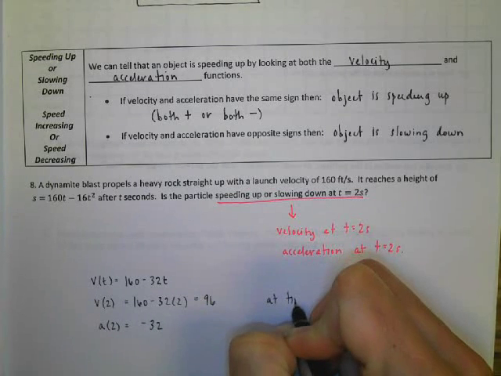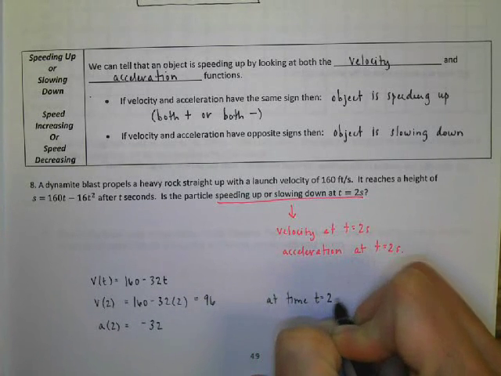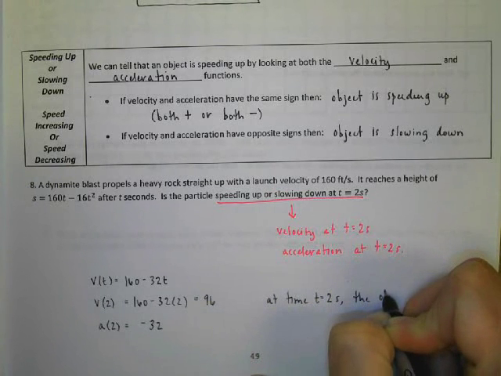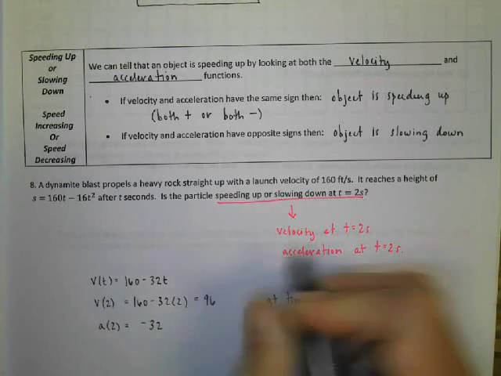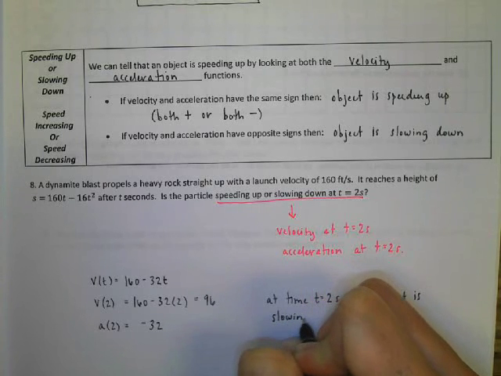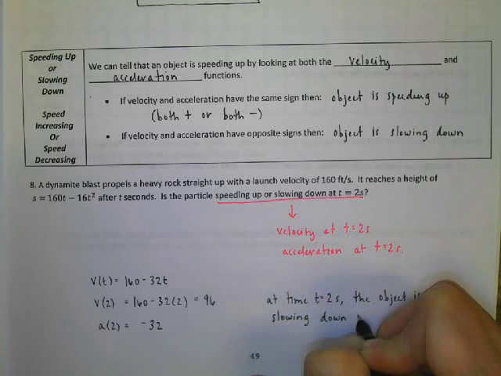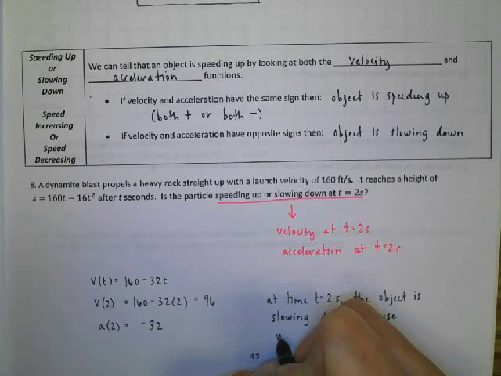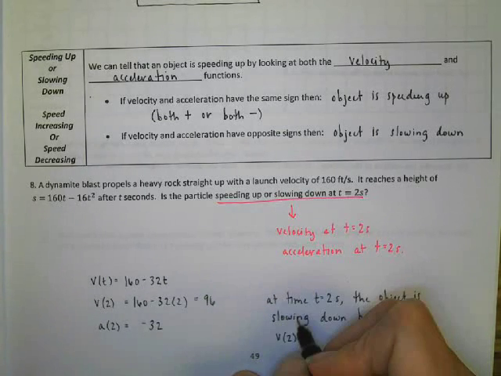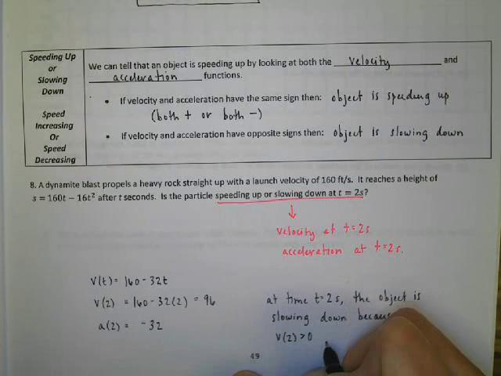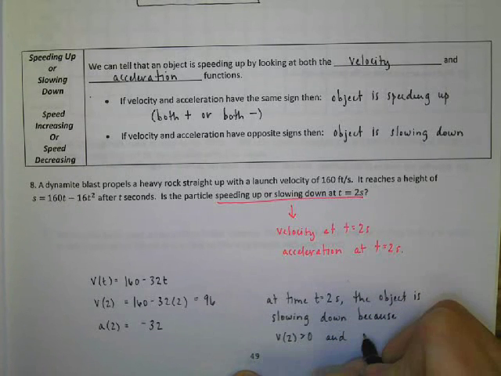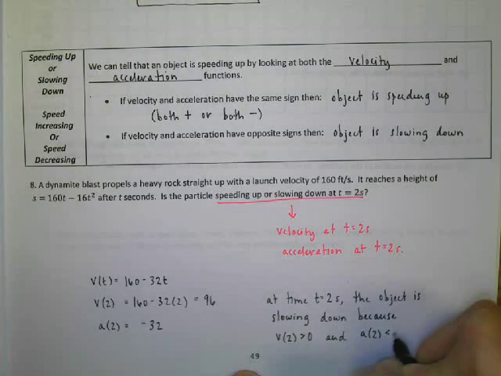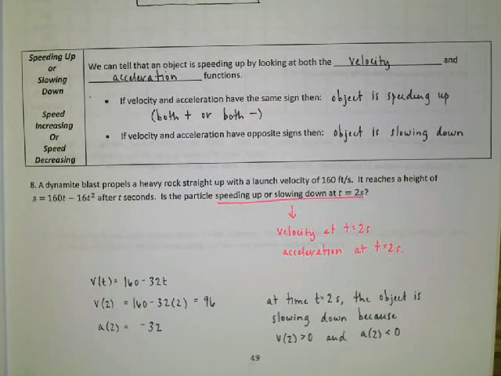So at time t equals 2 seconds, the object is slowing down because my velocity at time 2 seconds is greater than 0, and my acceleration at time 2 seconds is less than 0. Since those signs are opposite, I know my object is slowing down.